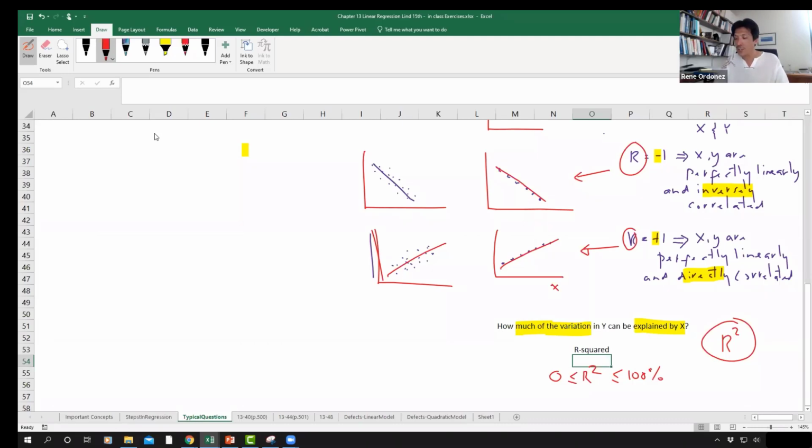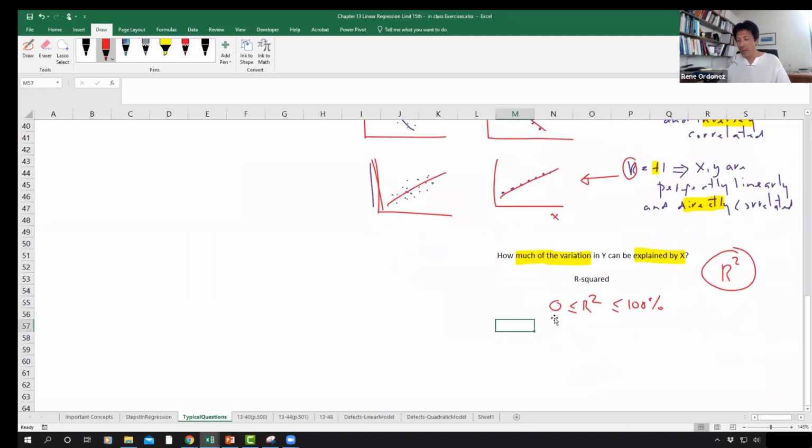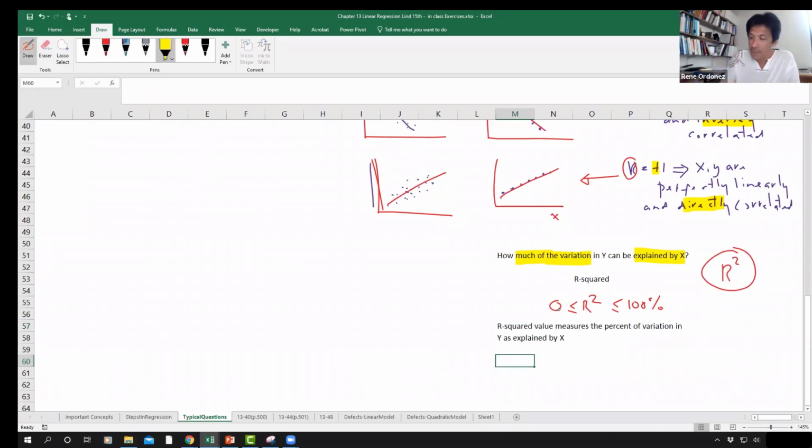I'll define this first and then tell you about the note. The r squared value measures the percent of variation in y as explained by x. There's the key: percent of variation in y as explained by x.